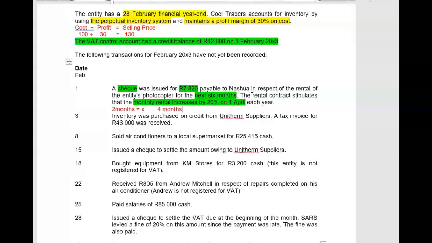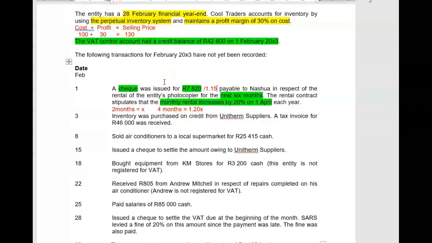What are we going to pay then? We are not going to pay an amount of X, but we are going to pay an amount of 1.2X because we have escalated our rent with 20%. Right. Now in total, we have paid 7,820, but that obviously includes VAT.